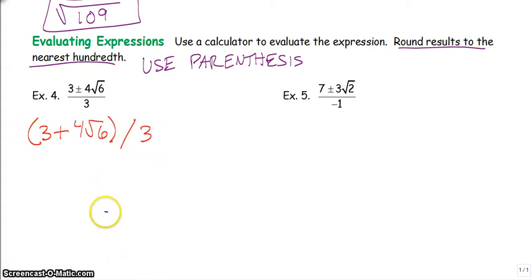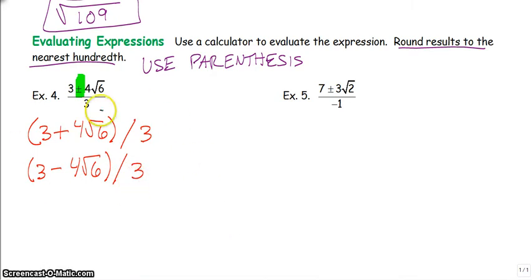This is exactly how I'm going to type this into my calculator. Don't forget, boys and girls, that this is a plus and minus. There are two solutions. Of course, we are looking at quadratic equations, which you all should know have 2 solutions. Therefore, I am also going to have to do 3 minus 4 root 6, all divided by 3.